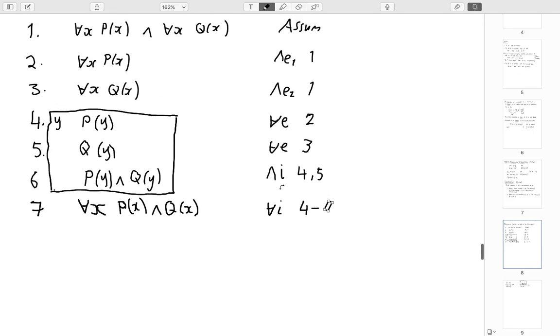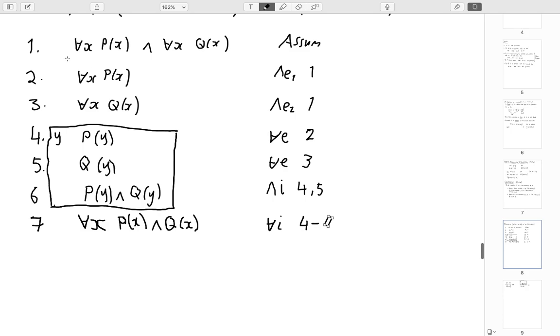And lastly, we can conclude the implication because we started off with this assumption. That's the left-hand side of the implication. We've reached what we were trying to show on the right-hand side of the implication. So by our implies introduction rule, we get line 8. We finally get what we were trying to prove.